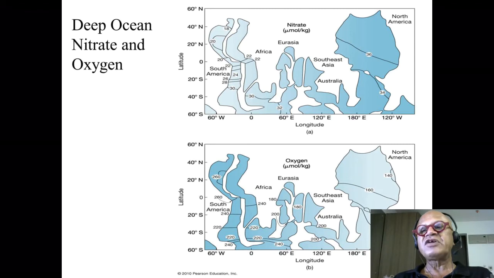In the North Pacific, the numbers are the highest, 36 micromoles per kilogram, whereas the oxygen is the other way. It's 260 micromoles per kilogram here, decreasing, and you get the most oxygen-depleted waters in the North Pacific. Why? Now you go back to your thermohaline circulation or the global conveyor belt, right?